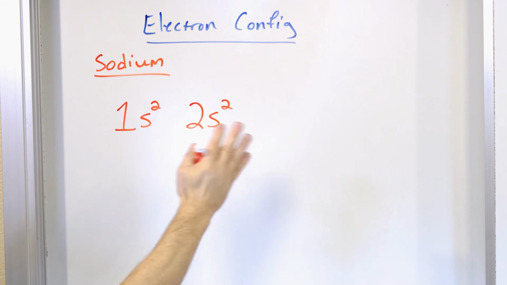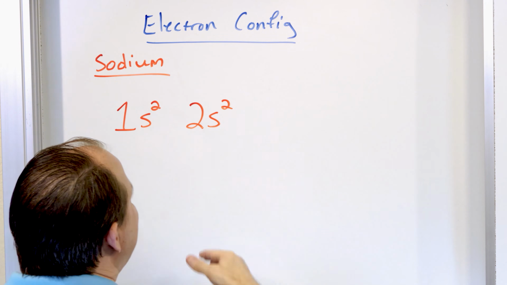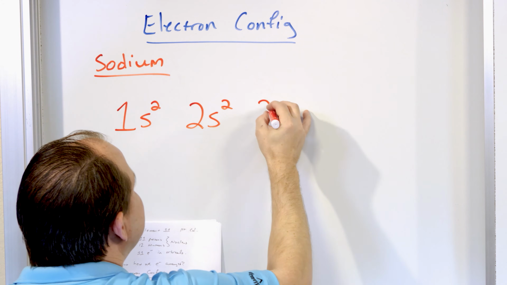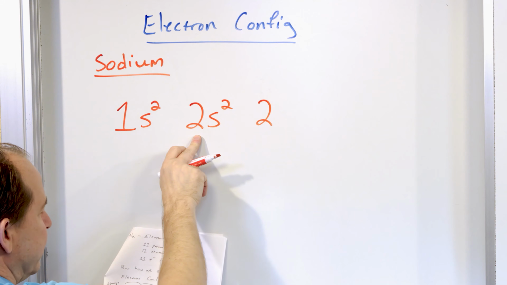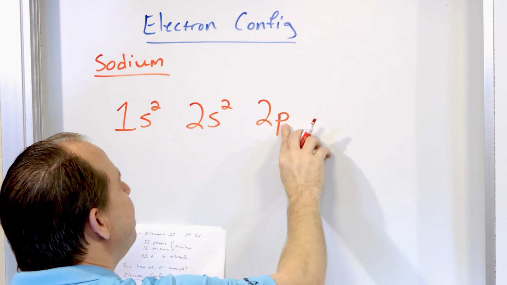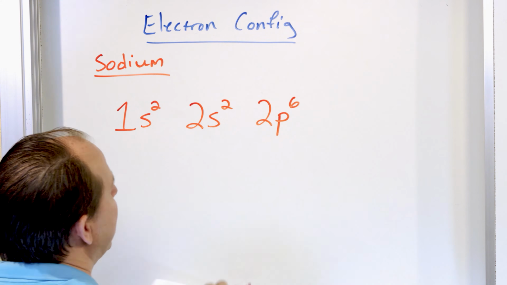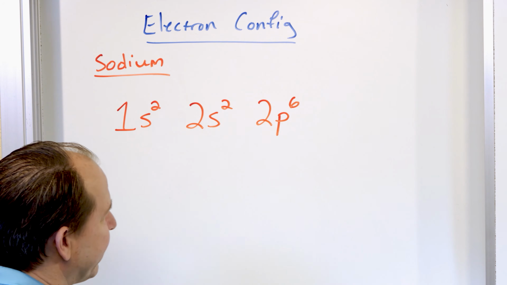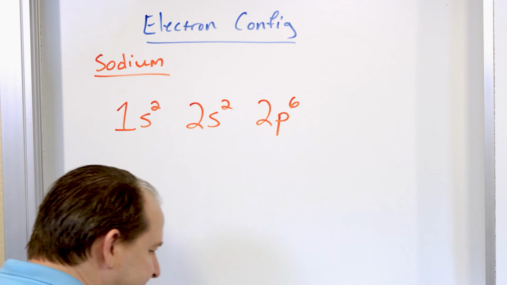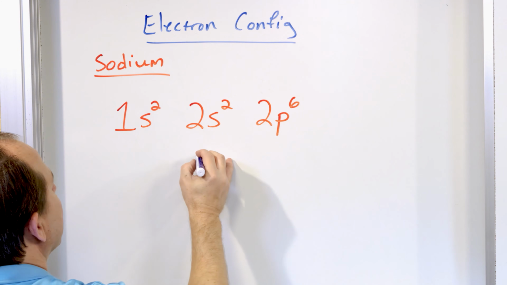So this is a total of 4, but we have more on the way. After you fill up these 2 electrons in that spherical shape, you're still in the second energy level, the big 2, but you're not in a spherical state anymore. They go and exist in what's called a p orbital, and there's 6 of them right there. Now the p orbitals, I'm already compressing a lot of information. The s orbitals, I will say, are spherical.